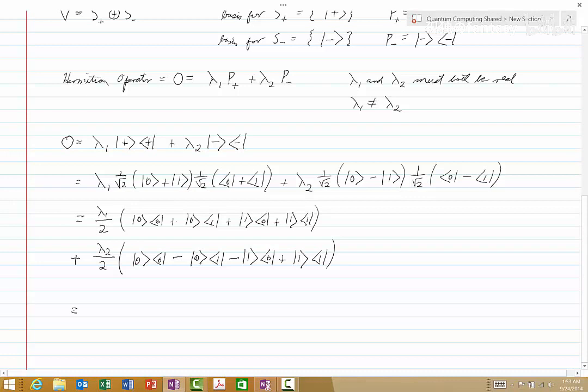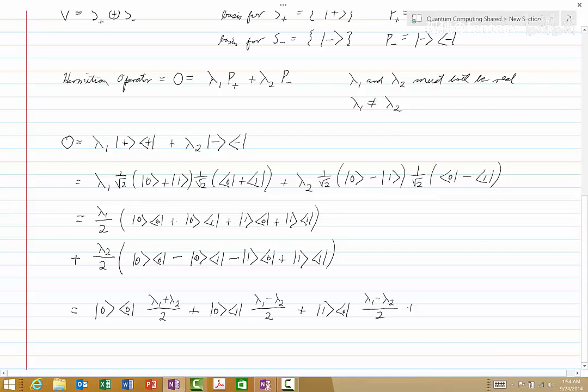And so now if we look at this carefully, we see that it can be written more compactly in the following way. We get |0⟩⟨0| times (λ1 + λ2)/2, plus |0⟩⟨1| times (λ1 − λ2)/2, plus |1⟩⟨0| times (λ1 − λ2)/2.